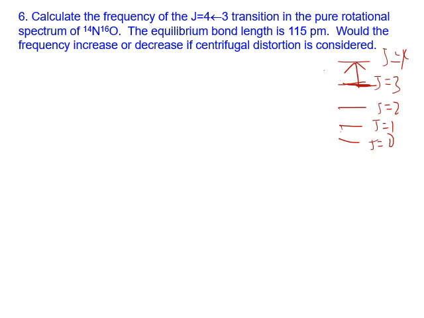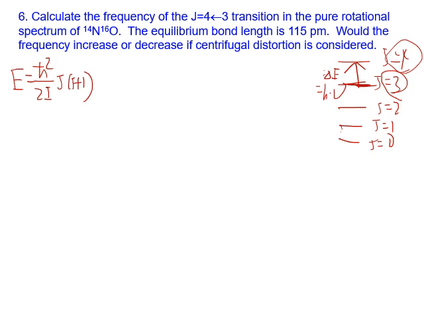One way to do it is to use the energy equation E equals h bar squared divided by 2I times J(J plus 1). You calculate the energy of J equals 3, the energy of J equals 4, and calculate the difference. Because it asks for frequency, you let the difference delta E be h times frequency, and then you calculate the frequency. So that's one way to do it.